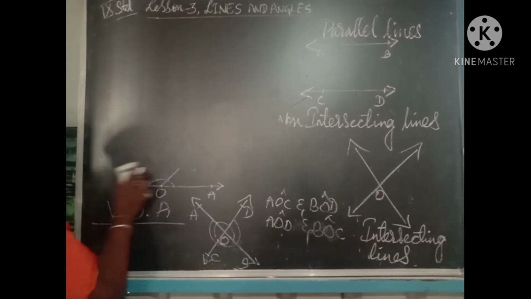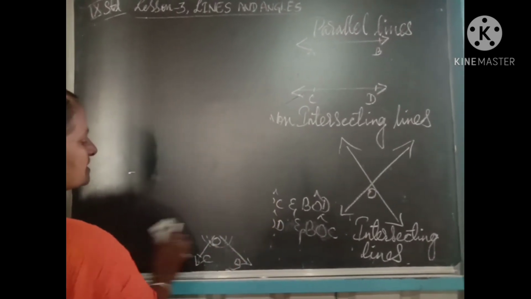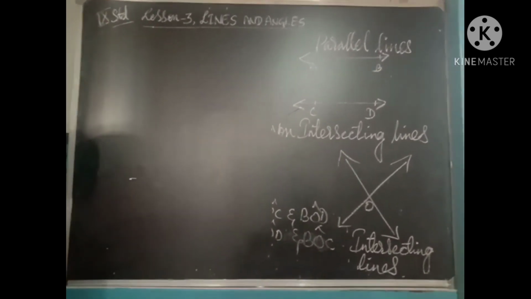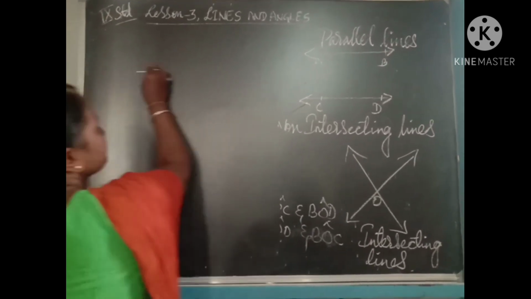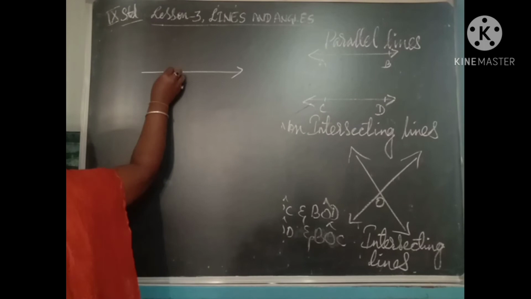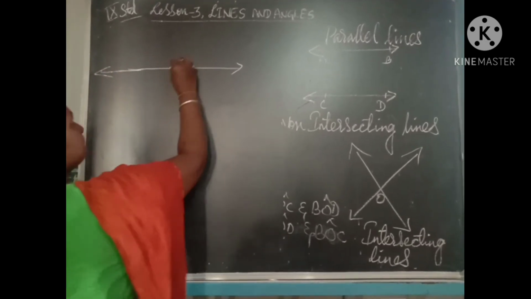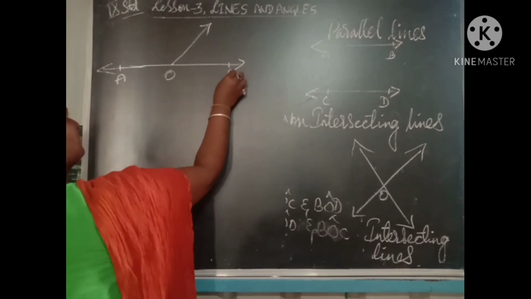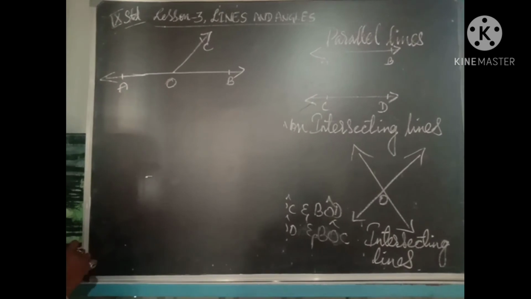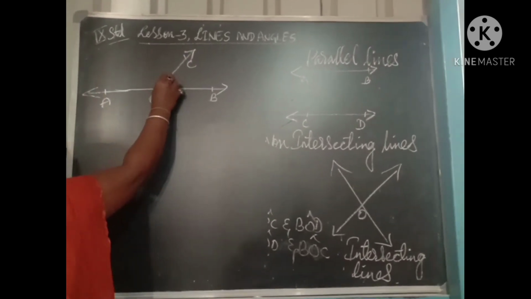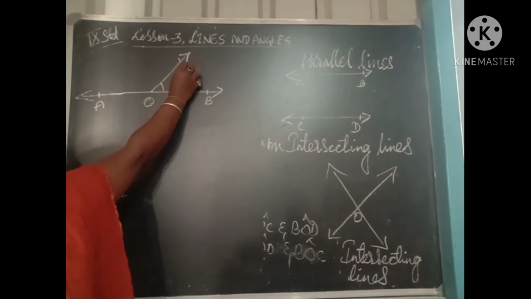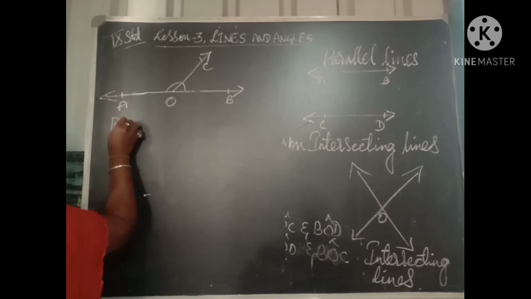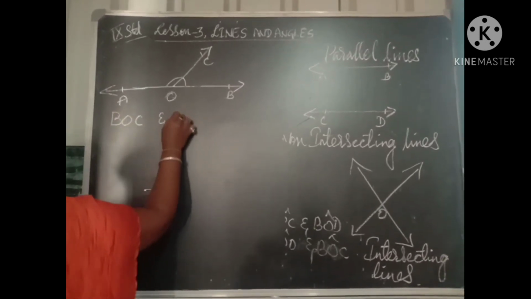Just now we studied linear pair of angles. Now once again, pairs of angles. Here, BOC and COA, BOC and AOC.